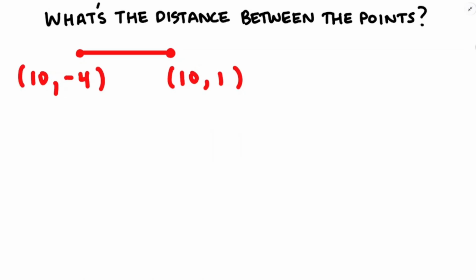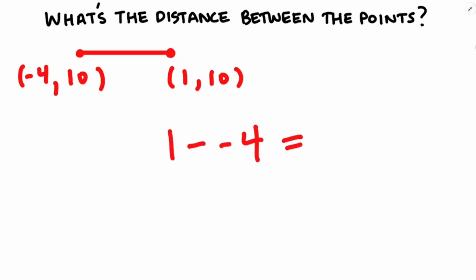If I moved these up, that would not change anything. If I moved these points up and one of them was to the left of the y-axis, I'd still be taking right minus left to find that horizontal distance. That distance would be 1 minus negative 4, and that would still be a distance of 5.